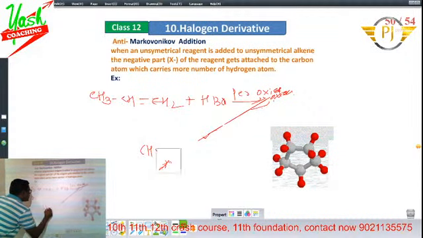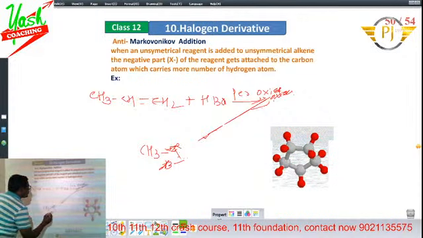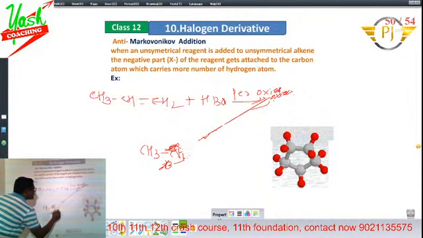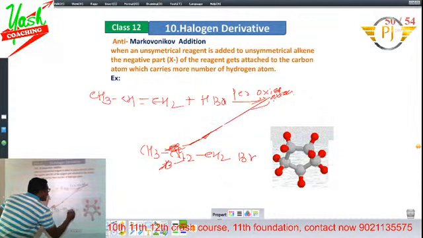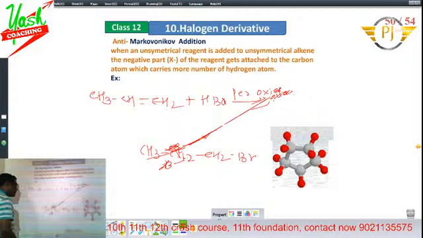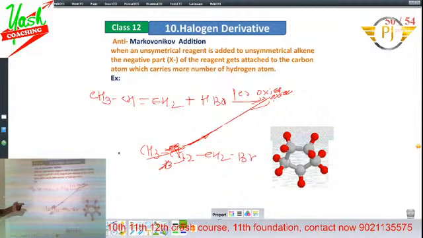CH3, then CH2, and Br. This is the major product, obtained exactly reverse to the Markovnikov rule.